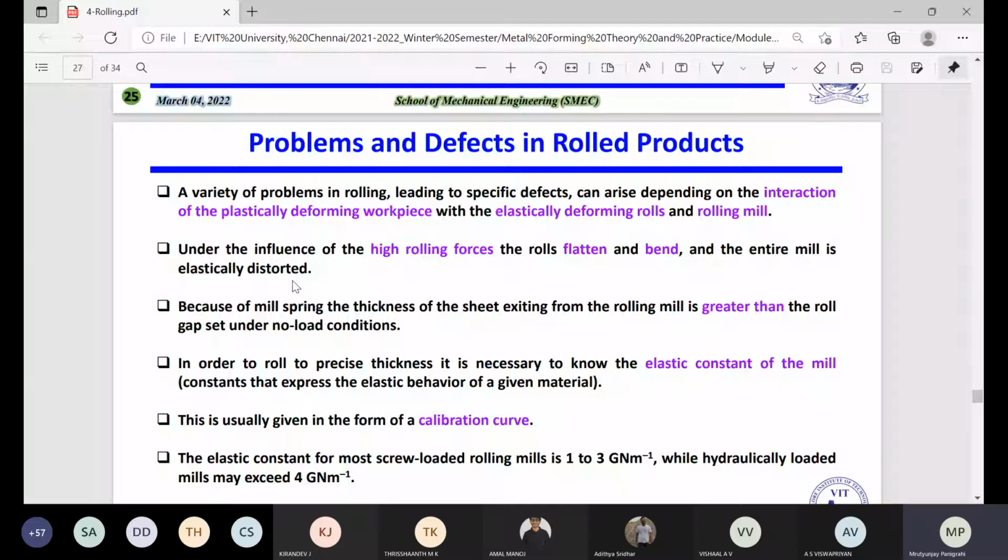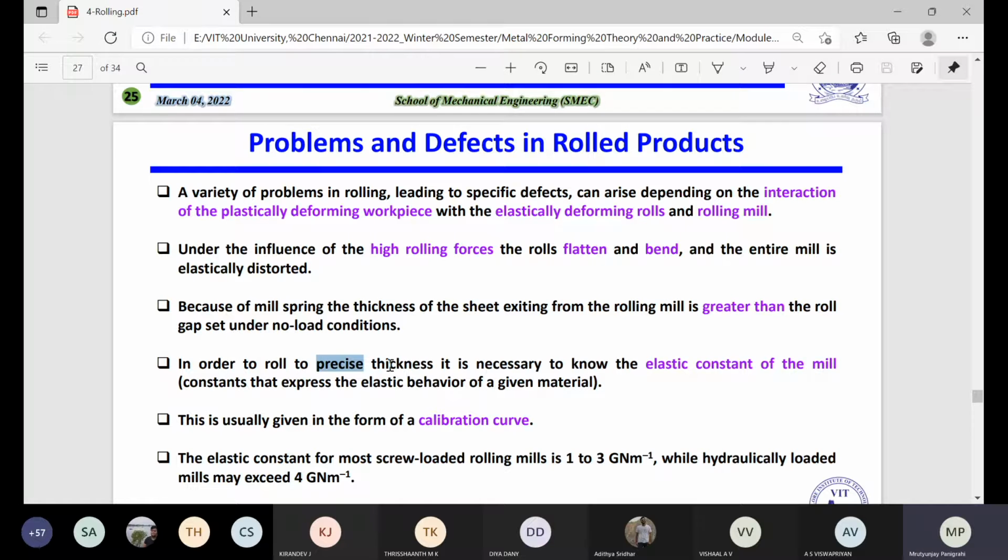Because of mill spring, the thickness of the sheet exiting from the rolling mill is greater than the roll gap set under no-load condition. So this relates to what we just derived in the angle of contact. Because you have mill spring, the thickness of the sheet depends on it. So these are all interlinked. In order to roll to precise thickness, it is necessary to know the elastic constant of the mill.